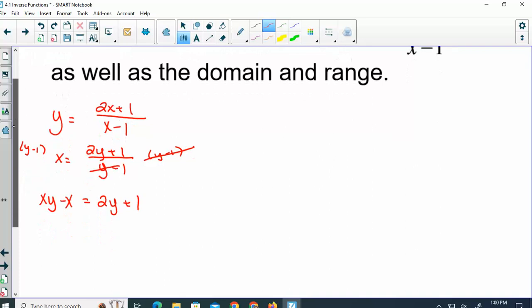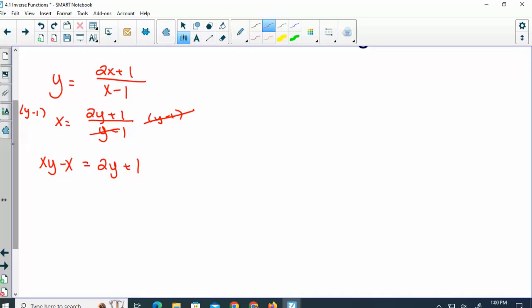What now? What are we trying to solve for? Okay, we have 2 y's. Are they like terms? Can I combine them? No. So let's just get them on one side together and everything without a y on the other.